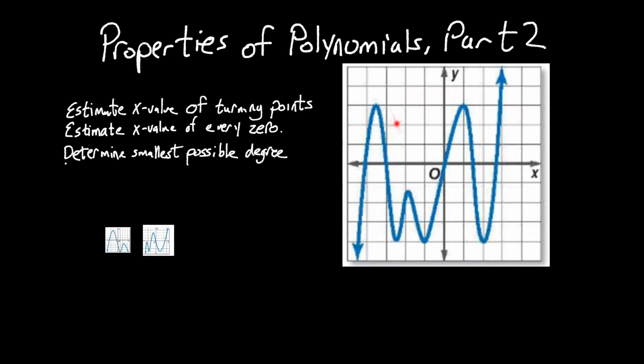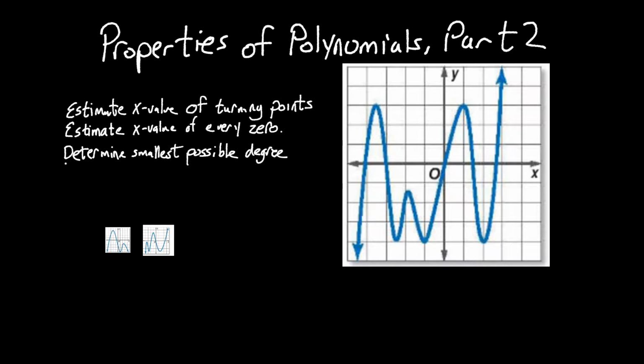Relative because it's only a certain area, it's not over the entire graph, and maxima because it's a maximum value. Then as we go down, you can probably guess what this will be called. This is called a relative minima. Relative because it's not over the entire graph, it's just a small portion, and minima as in minimum. It's a minimum value at that area.